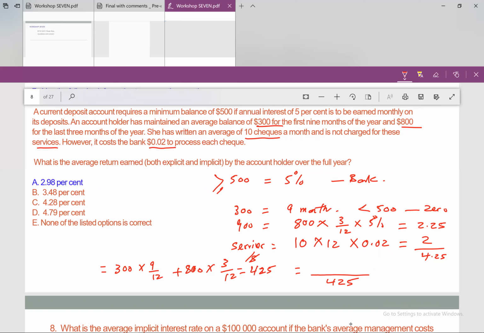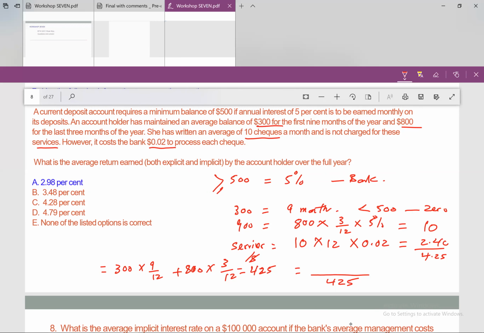I think I get here... this is 10, and this is 240.